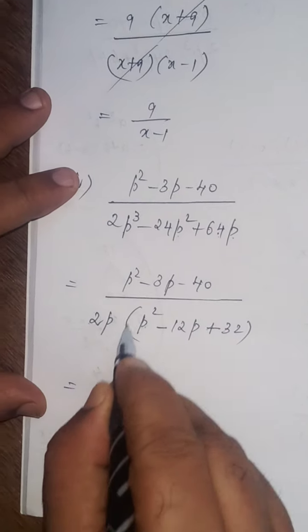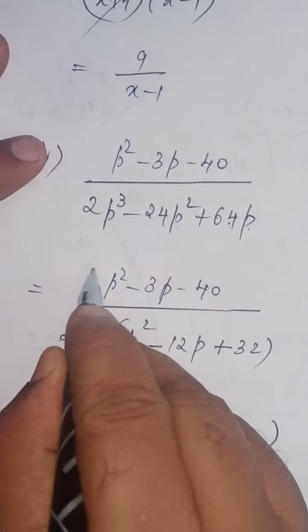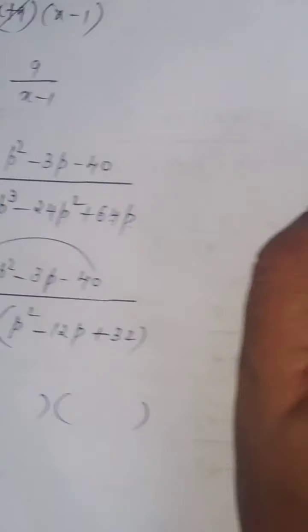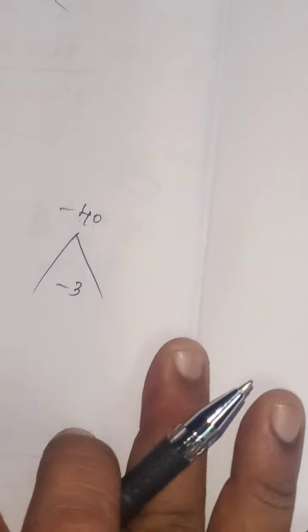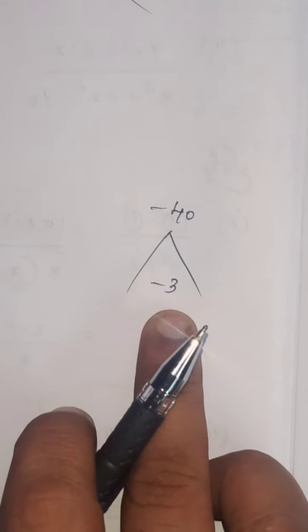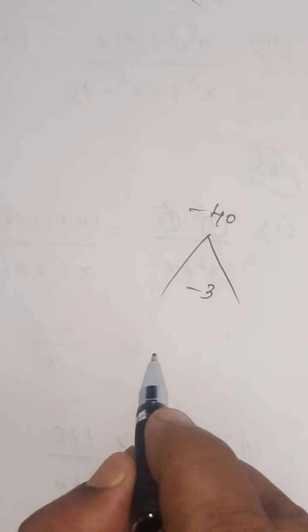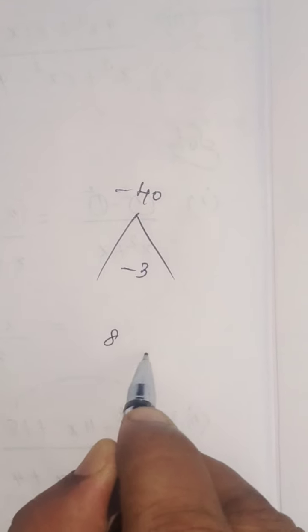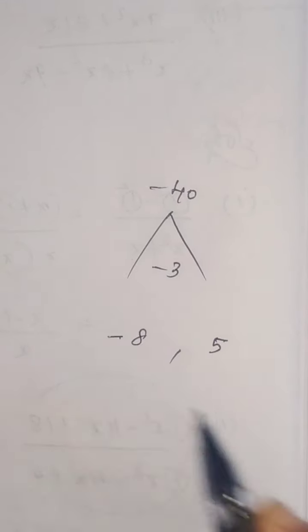That is equal to, you have to factorize the numerator. Coefficient of p squared equals 1. 1 into minus 40 is minus 40. Coefficient of p is equal to minus 3. The two numbers, for getting 40 in multiplication, if you add the two numbers, you have to get minus 3. The two numbers are 8 and 5, correct? For getting minus 3, you have to introduce minus for the bigger number.